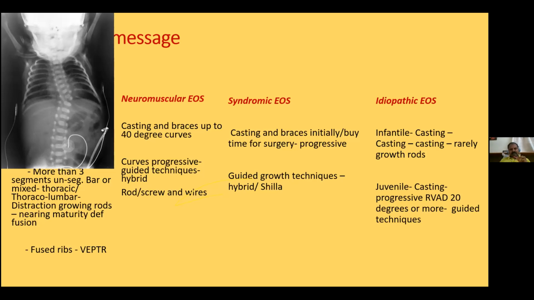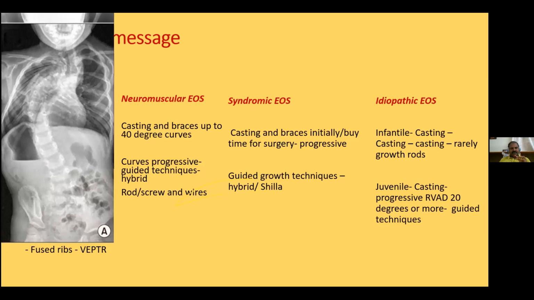Again, if there are more than 3 segments in the bar, then you know it's not feasible for a limited fusion, especially in the upper thorax or mid thorax. We have to do something like this. Someone comes to you like this, 8 years old, you can't do a fusion, right?